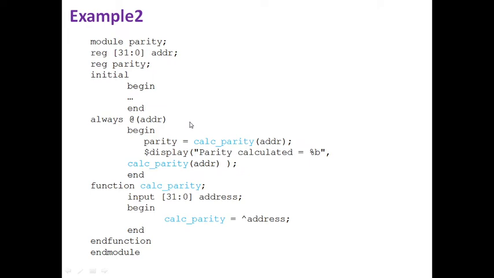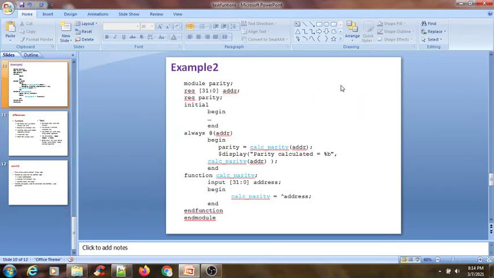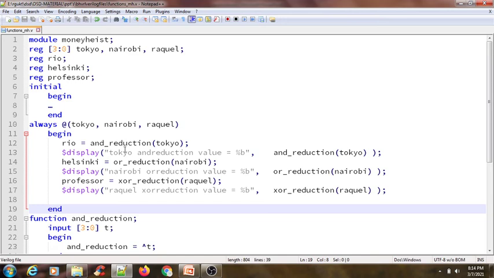In this manner we can analyze how a function can be used in our Verilog HDL language. So I have one more example for the function. You can see a web series I have taken.